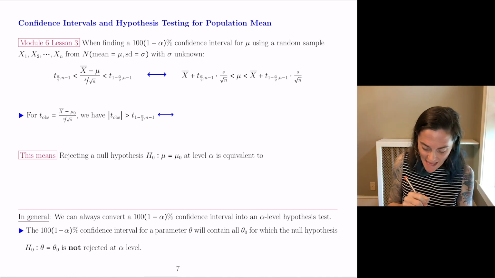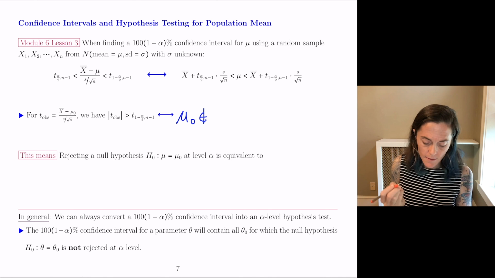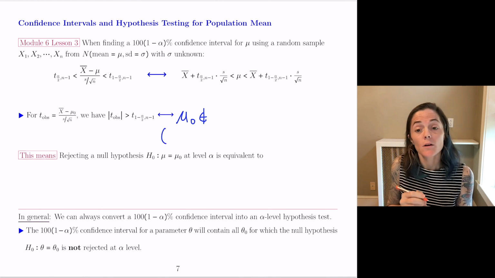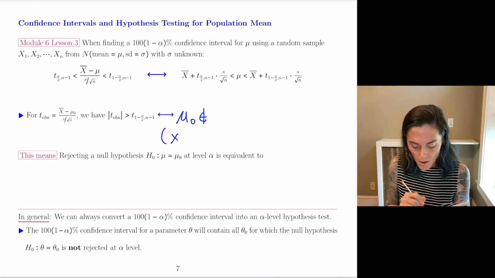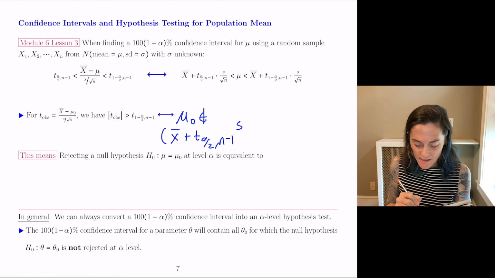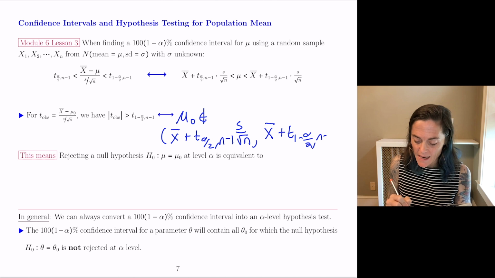Okay, so it means that mu 0 is not in this confidence interval, which is x bar plus t alpha over 2, n minus 1 degrees of freedom, times s over the square root of n, to x bar plus t sub 1 minus alpha over 2, n minus 1 degrees of freedom, times s over the square root of n.